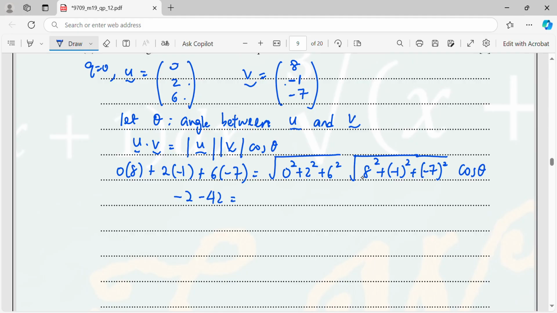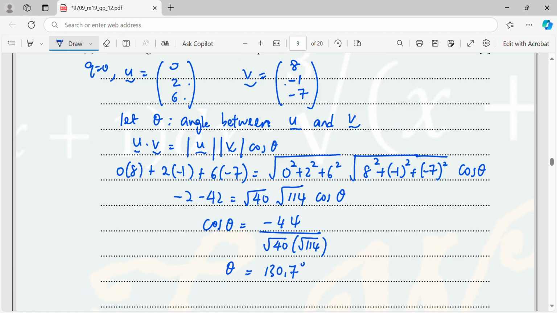Then the first square root is square root 40, and the second square root is square root 114. Then cos theta. So cos theta is basically minus 44 over square root 40 multiplied with square root 114. Then your theta is basically the inverse cos of that value, that is 130.7 degrees. So that is the angle correct to 1 decimal place.